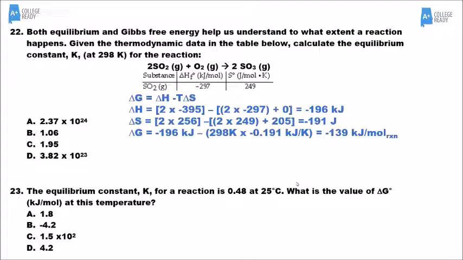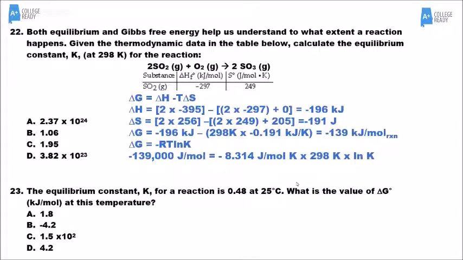Since delta G is negative and thus is thermodynamically favorable, we would expect a K value greater than 1. To find that, we use this equation where we're plugging in an R unit. The R unit in this case is 8.314 joules per mole Kelvin.